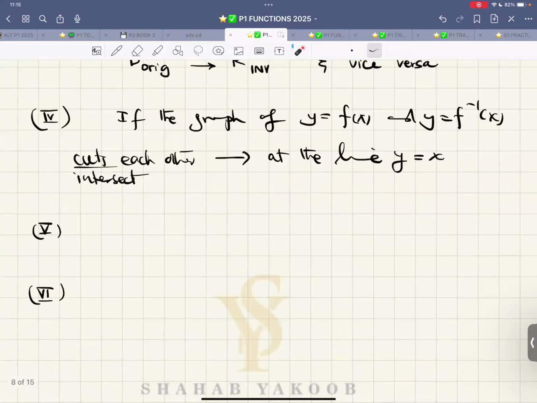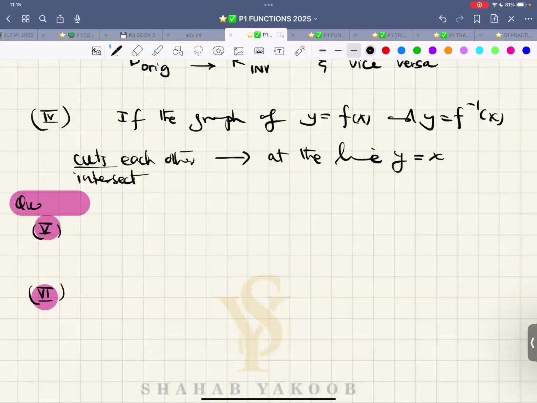It's not necessary that the graphs of f(x) and f inverse cut each other, but if they do, they will intersect at the line y equals x. And then there are two points related to the expression for f inverse. These two are specifically for quadratics, not just for any inverse.